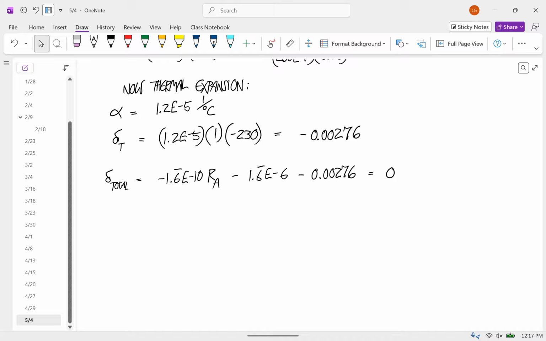And what you get is that RA is equal to negative 1.657 times 10 to the 7th. And this is in newtons.